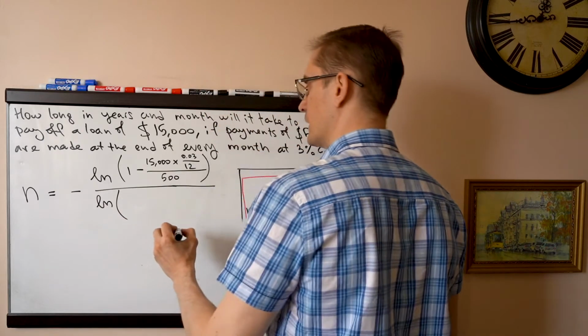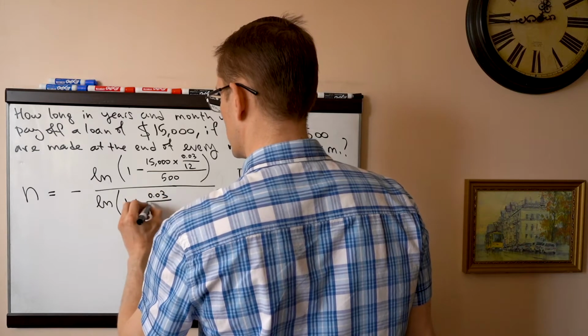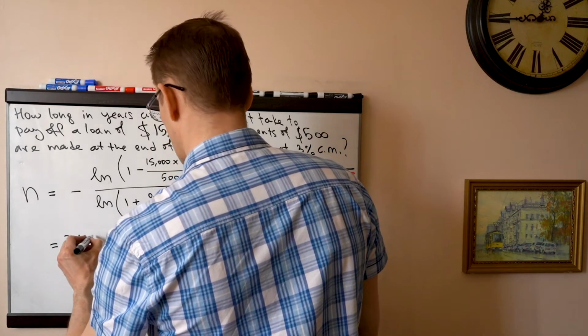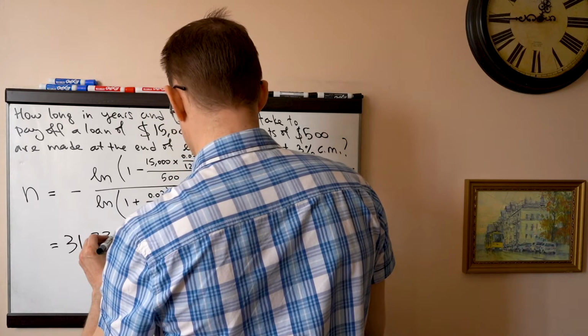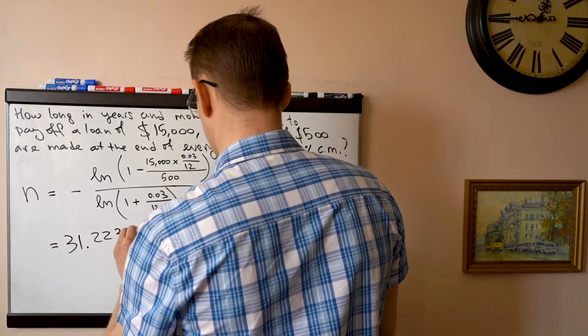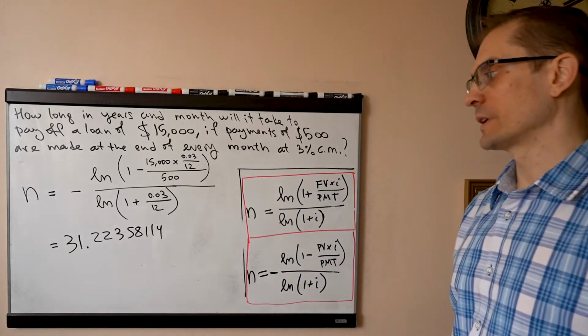We divide that by the logarithm of 1 plus 0.03 divided by 12. That gives 31.22358114. If I calculate this, that's what I'm getting.